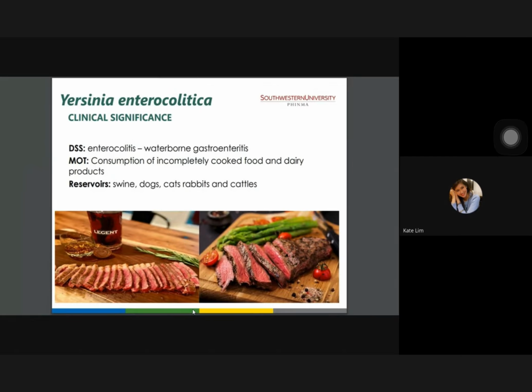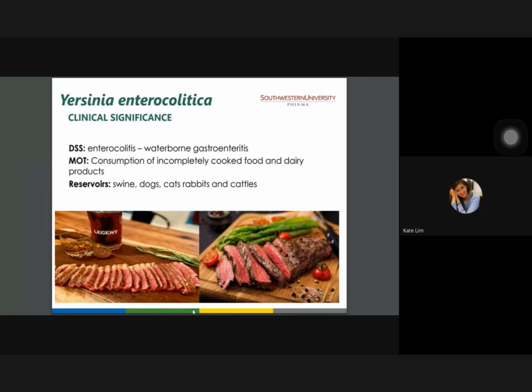So what we have here are some varieties of gastrointestinal issues. Again, Yersinia enterocolitica is the main cause of enterocolitis, a type of waterborne gastroenteritis. How do we get Yersinia enterocolitica?